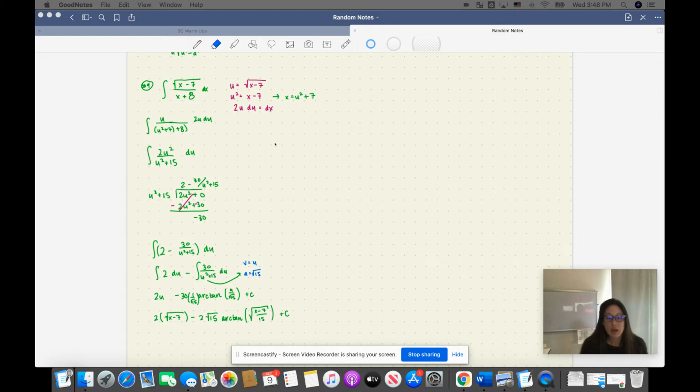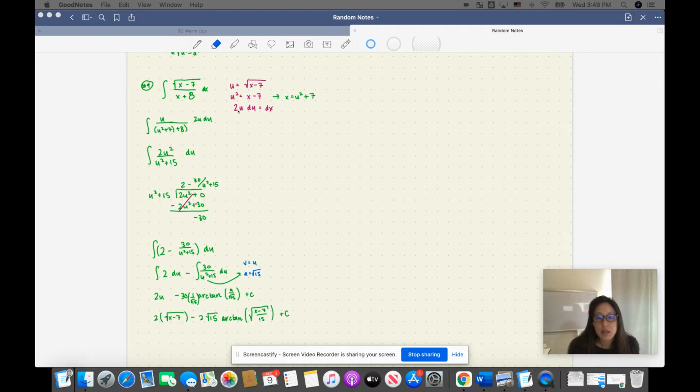So from there, I can replace the x with u squared plus 7, and then, of course, I need to switch out my dx with du. It was easiest for me to do that with the u squared equals x minus 7 version of our equation rather than having the square root.